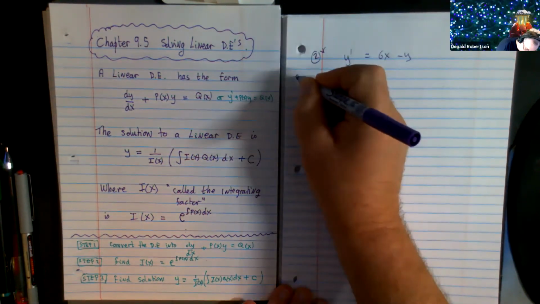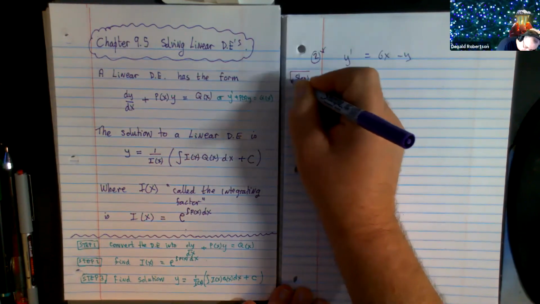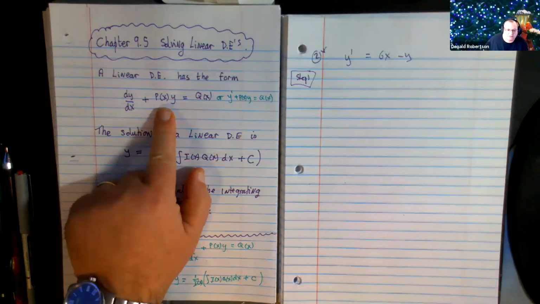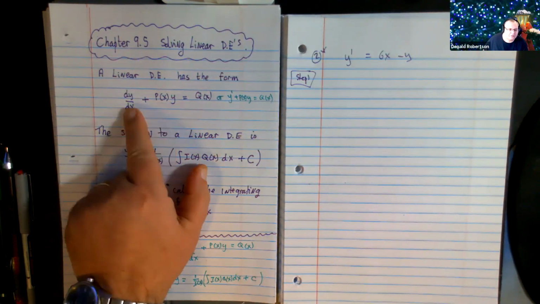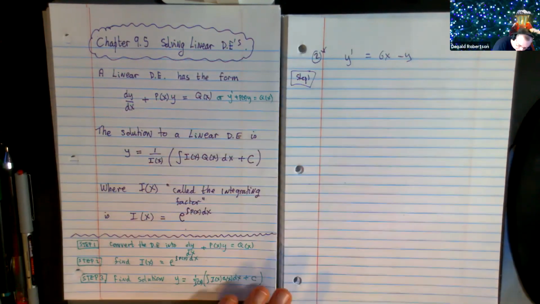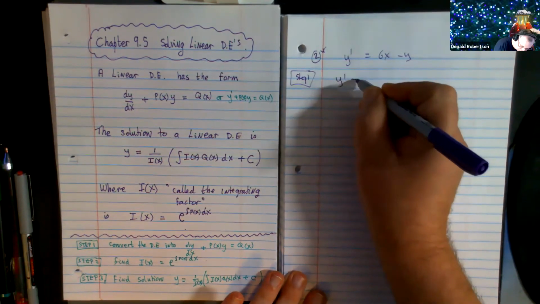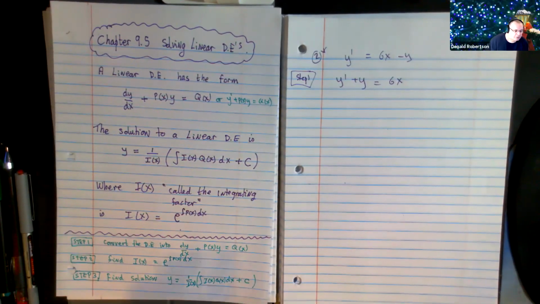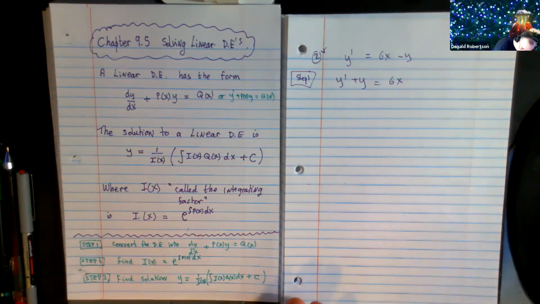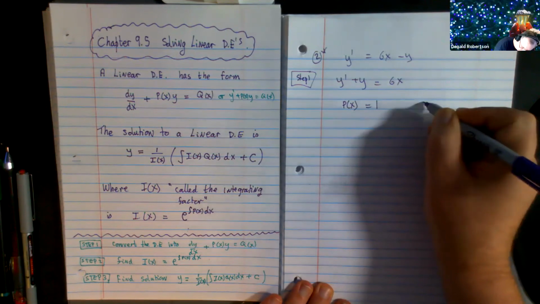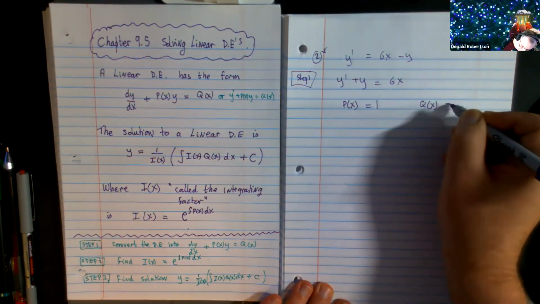We should really set up step 1. This guy is not quite right. Shouldn't the y be next to the derivative? And it's over here. So I'm just going to add y to both sides. Not much of a fix, but we needed it. P of x is 1, and Q of x is 6x.